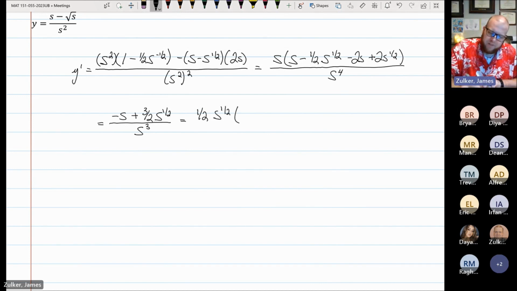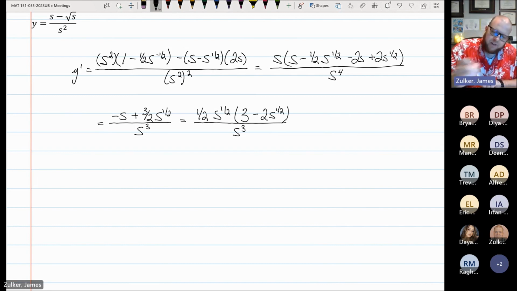Factor out a half s to the 1/2 power. Three minus 2 root s. Let me write that as s to the 1/2 for now.